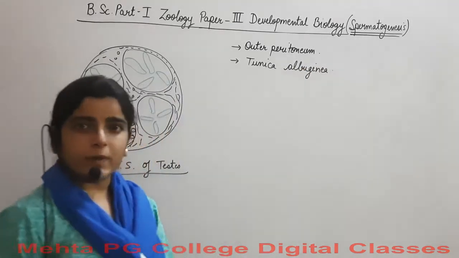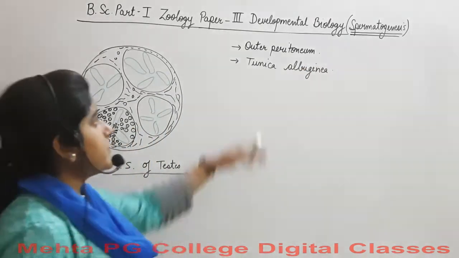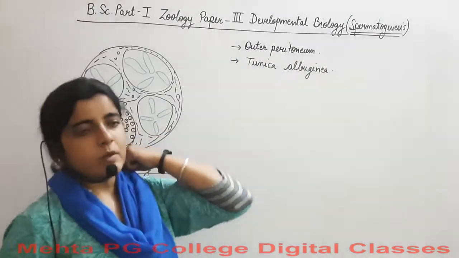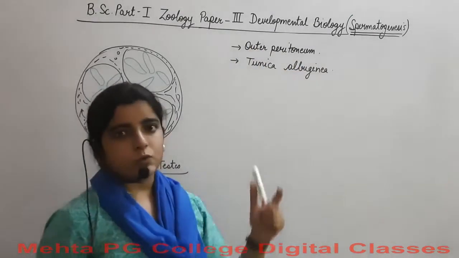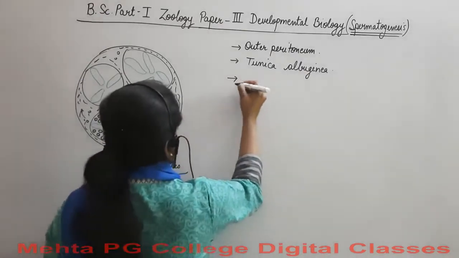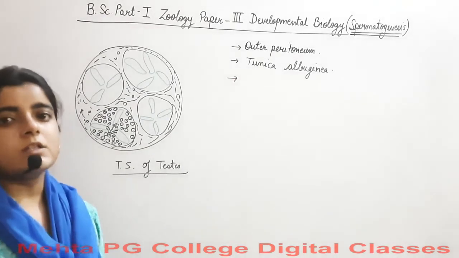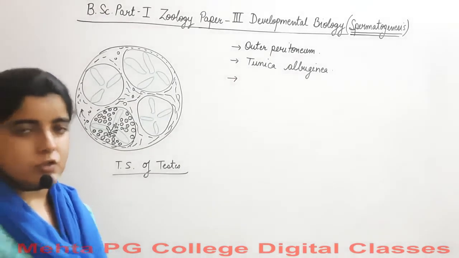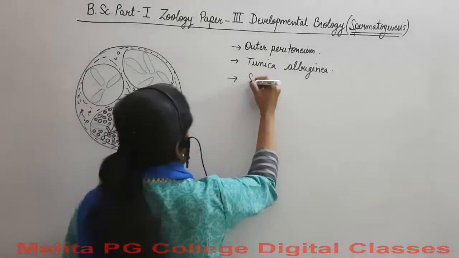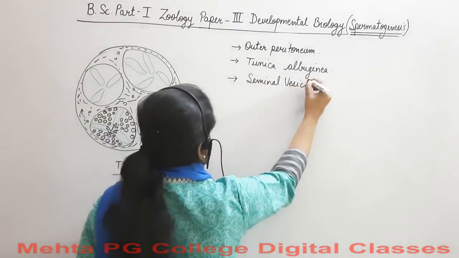Then we can say that in the testes region there are several tubule-like structures present, which are known as seminal vesicles.